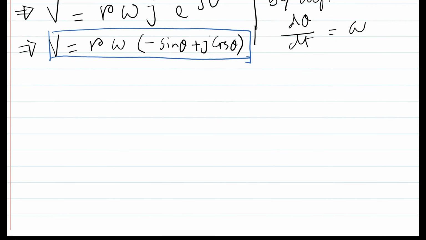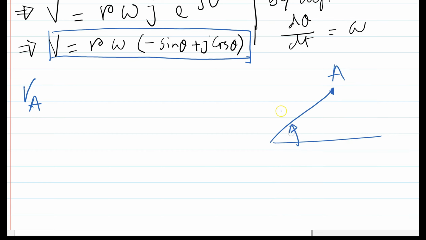Considering this equation, let's consider the linear velocity for pin joint A, which is related to link 2, whose length is A and the angle is theta 2, and the angular velocity of this link is given to us as omega 2.